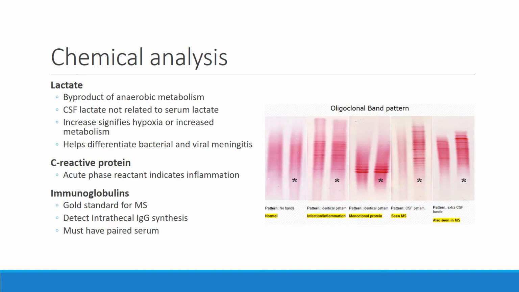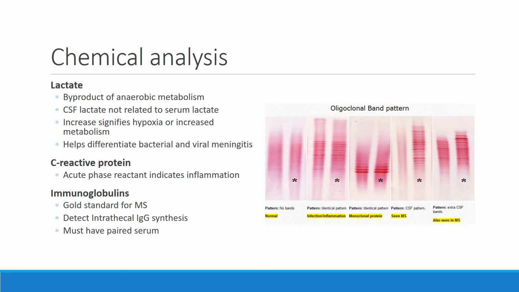Now to continue with the chemical analysis, when we get into the rest of these analyses, each of these analytes will be specific to a particular diagnosis that a doctor is trying to either rule in or rule out. Whereas the glucose and the protein, those should be ordered on every CSF. They really should be. It gives you very good information.